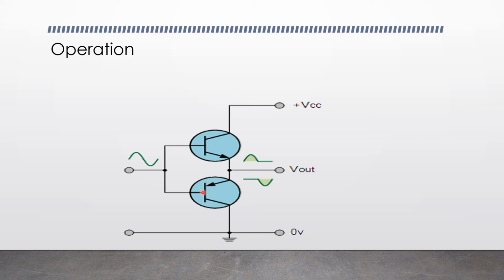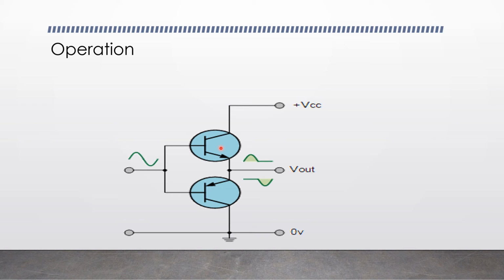See what is actually happening: for one half this one is conducting and for the other half that one is conducting. Means at zero voltage, at the moment that one stops working, the other is not yet switching on.